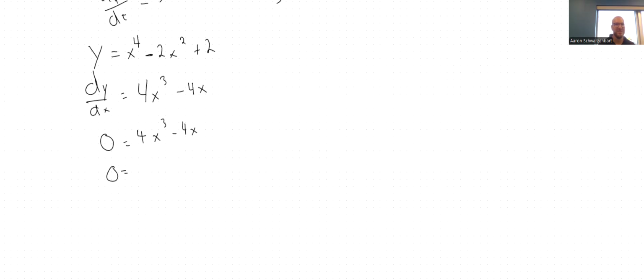Yes. What is it? x. Yeah. I can keep going on the x squared minus 1 with a difference of squares. And those solutions are 0. Don't forget the 0 for the 4x.